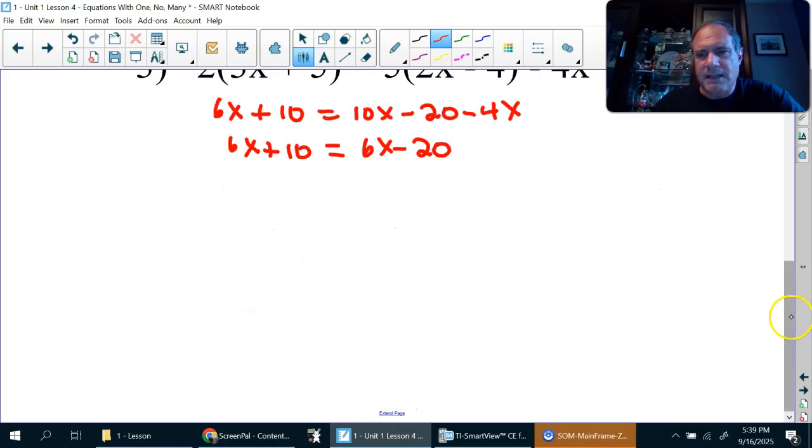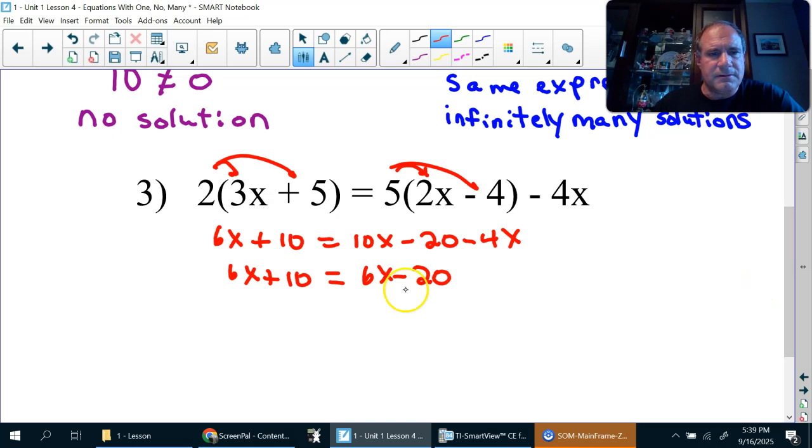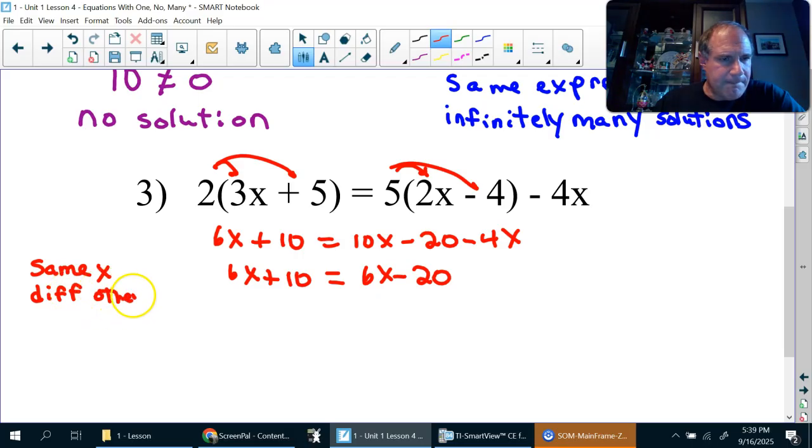Now this already has the same x. Same x. Different constants. Different other. So right here, you should be able to tell that's no solution.